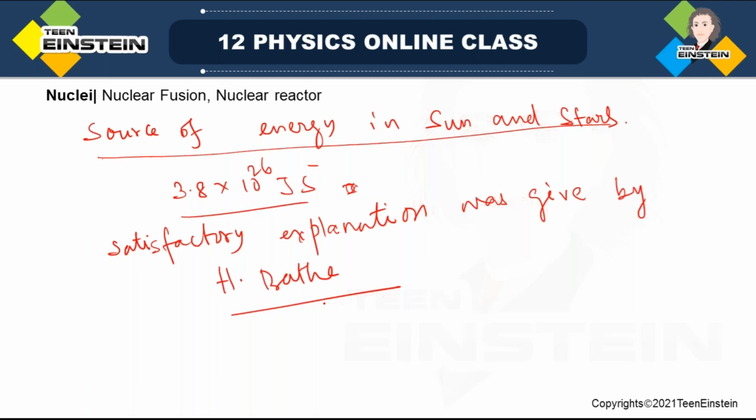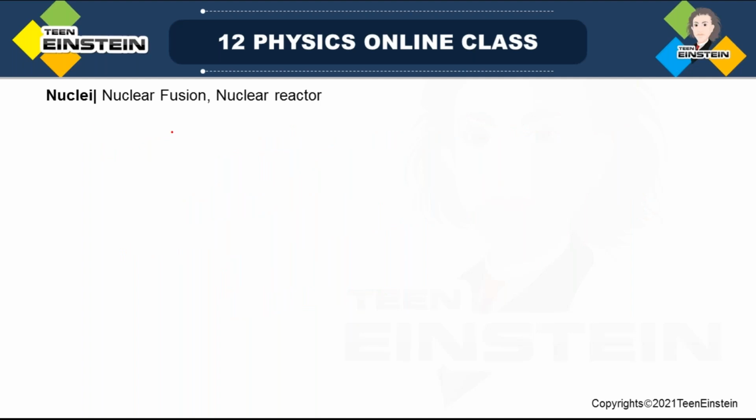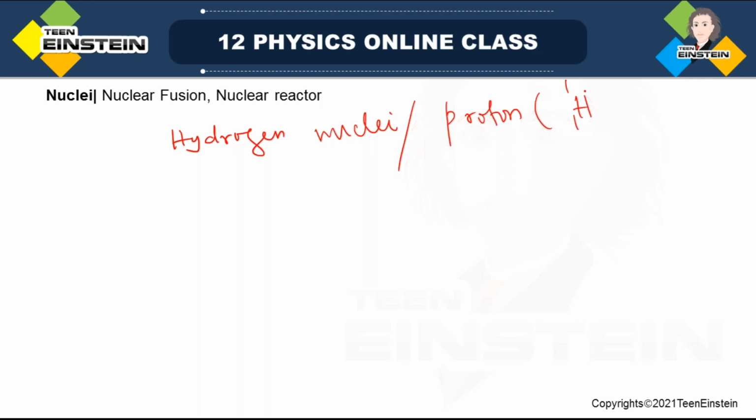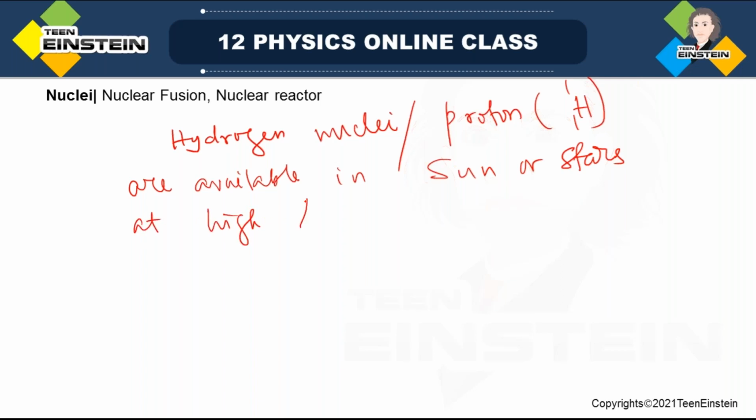What he explained is that protons or hydrogen nuclei, that means 1H1, hydrogen nuclei or protons, are abundant, are available in sun or stars at very high temperature and pressure.